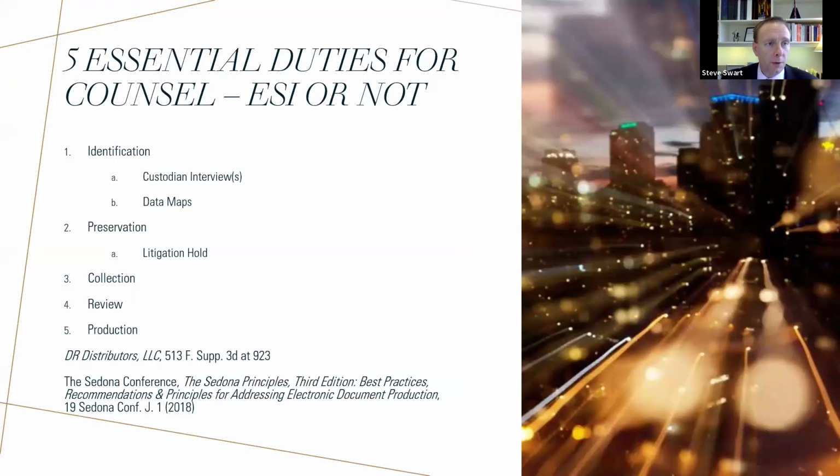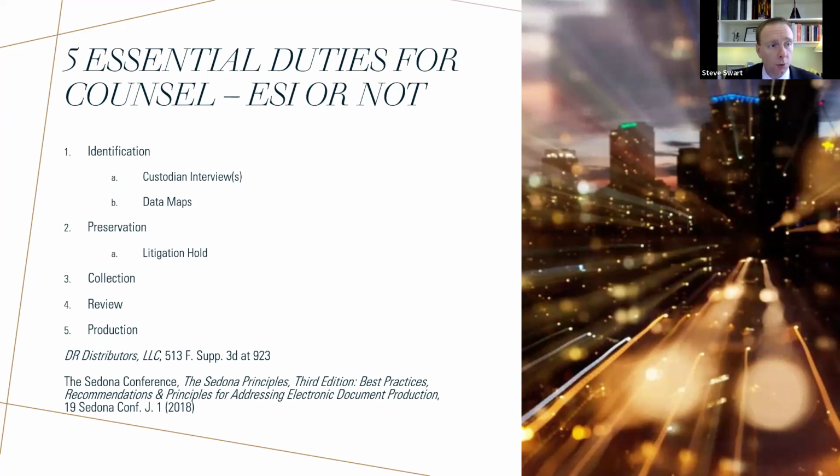So when it comes to ESI, five essential duties. Identification. You need to have a meeting with custodian interviews and potentially have data maps from your client. See if they can diagram out for you where data is stored and what applications are stored there. Preservation.